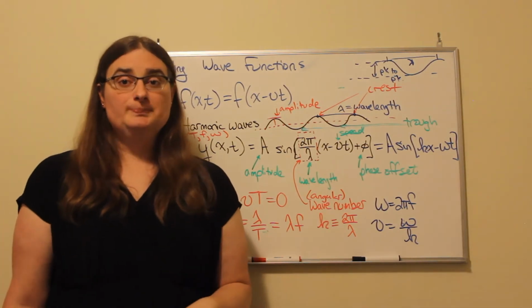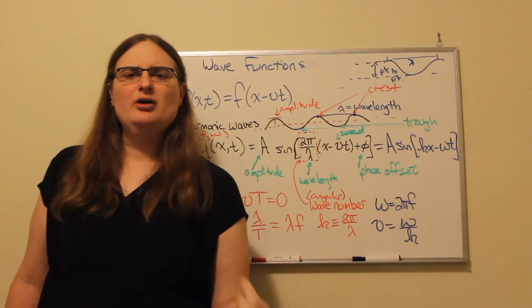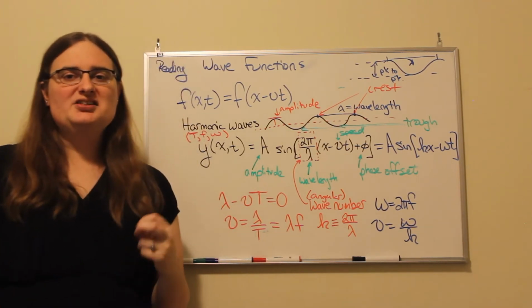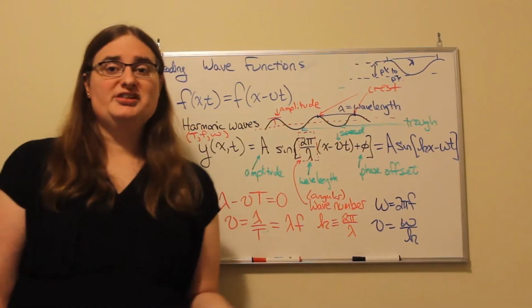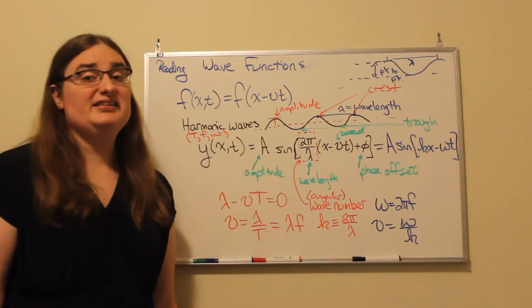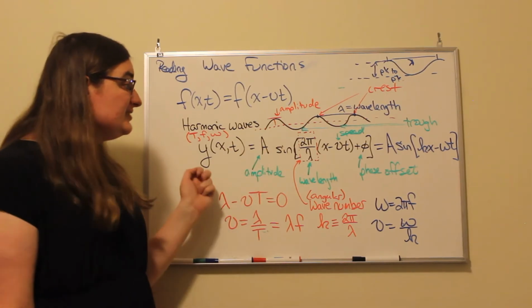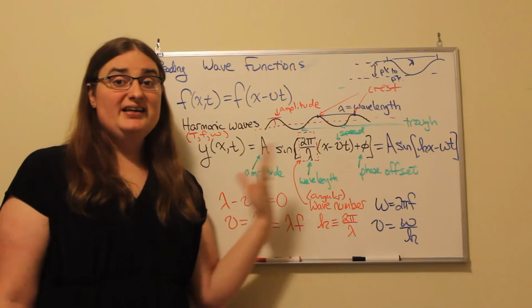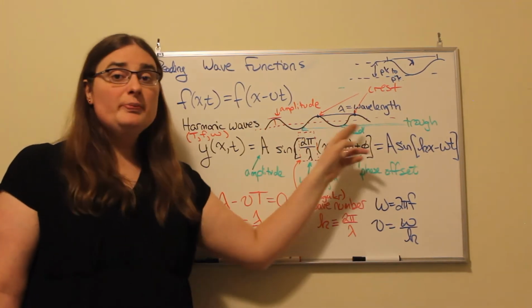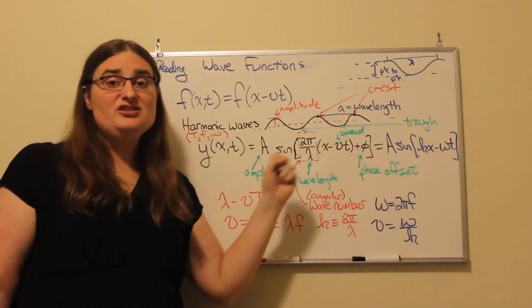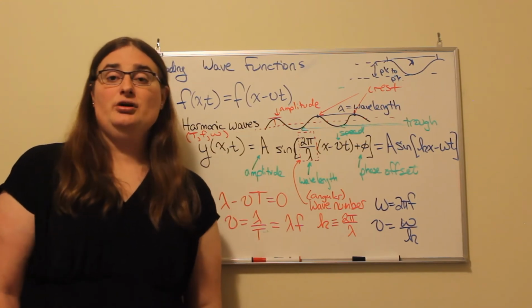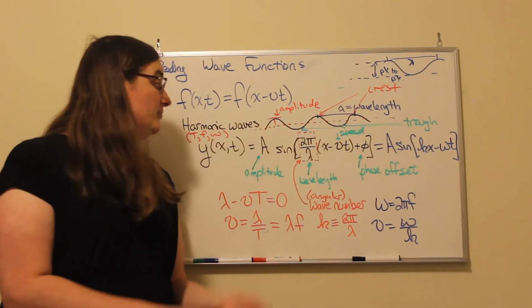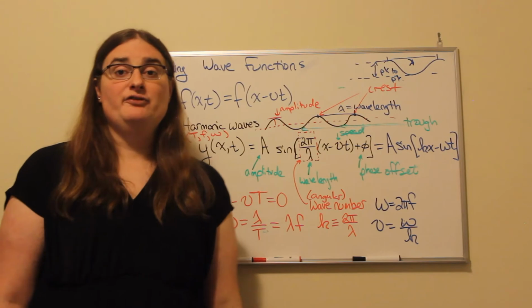Now for any harmonic wave, it could be expressed in terms of a sine or a cosine function. I'm going to write things out in terms of a sine. And honestly, the only difference between a sine and a cosine is a little bit of extra angle added into the oscillating term in the argument of our sine or cosine function.